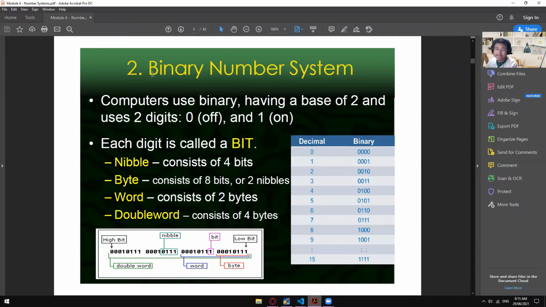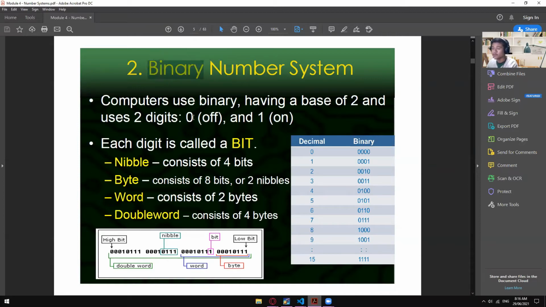And next one is binary number system. So basically, when we see binary, again, just like what I mentioned a while ago, it's just a representation of 0 and 1. Okay, so there are no other combinations numbers when we see binary. It's just 0 and 1. There is no way that you will have 2, 3, 4, 5, 6, 7, 8, 9. Okay, there is only 0 and 1 in binary. Okay, so that is one thing that you might want to memorize, or you might want to remember when it comes to binary number system.